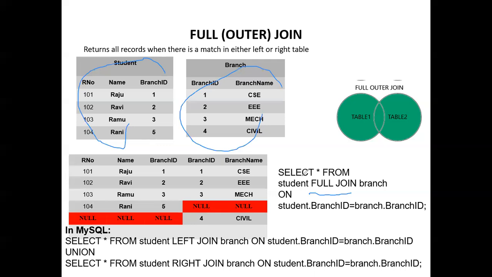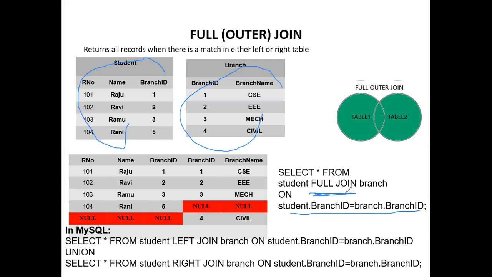Here the SQL statement is select all from student full join branch. The condition here is again the same, which is the branch ID. Whenever branch ID is common between both the tables, we are going to match the records. As we are using the full join here, this full join joins the records from the student table and the branch table whether there is a match or not.